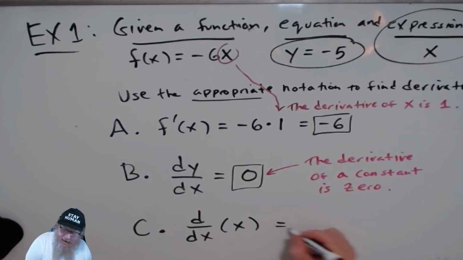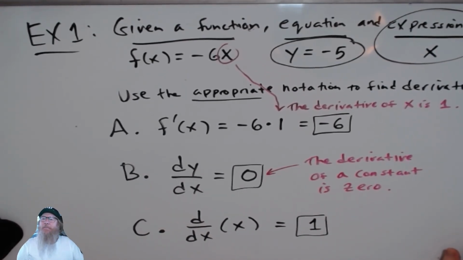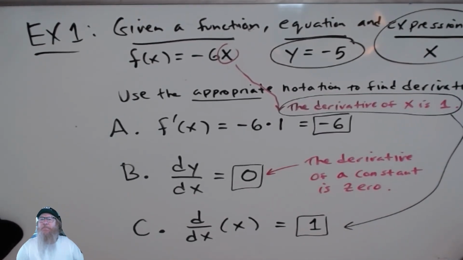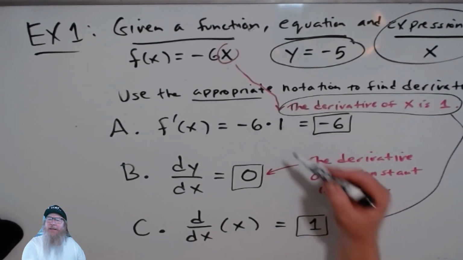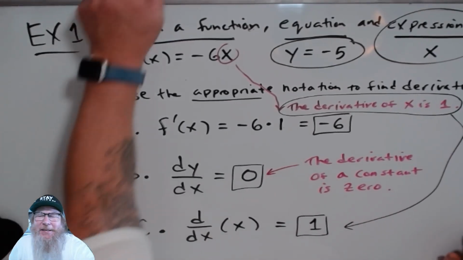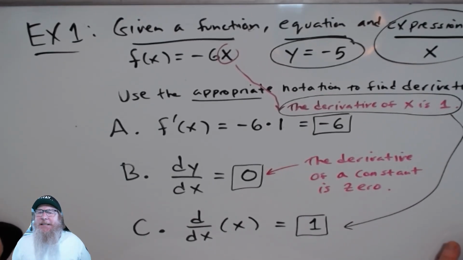That's that special case, which is 1. Again, the derivative of an x is just 1. Sometimes I write my 1 like this, and sometimes I write my 1 like that. I have never made up my mind as to which one I like better. So I keep them both around. All right, so that's example one.